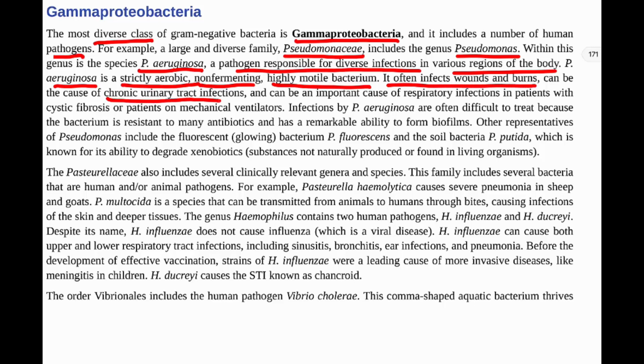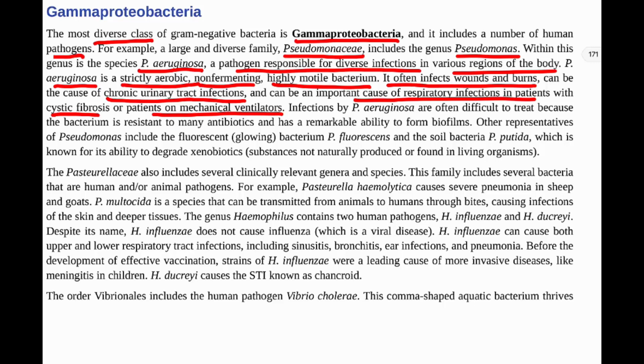It also can be an important cause of respiratory infections in patients with cystic fibrosis or patients on mechanical ventilators. So we see wounds and burns, urinary tract infections, and respiratory infections in people with cystic fibrosis or on mechanical ventilators. It's aerobic and it moves around a lot, so we see this Pseudomonas aeruginosa in a lot of different places.